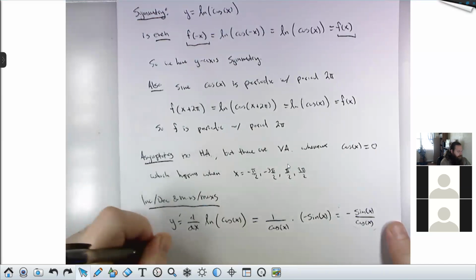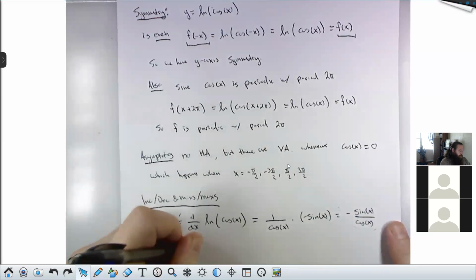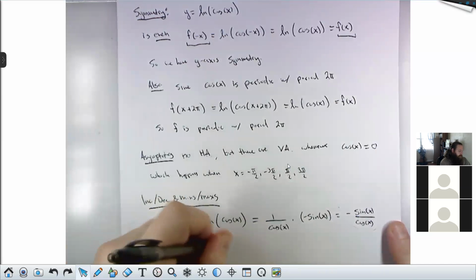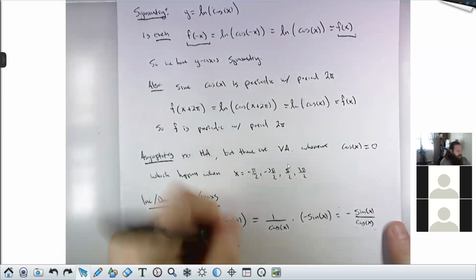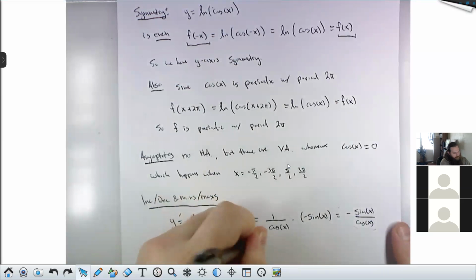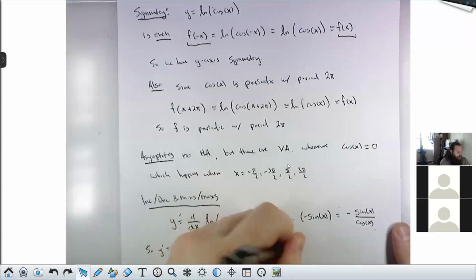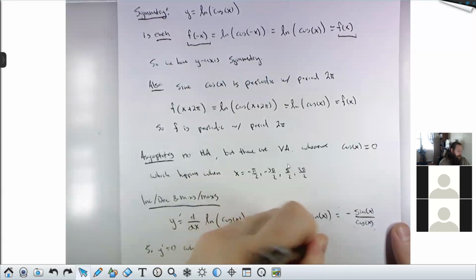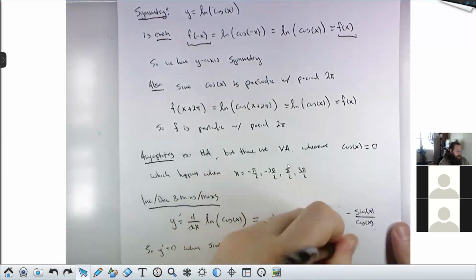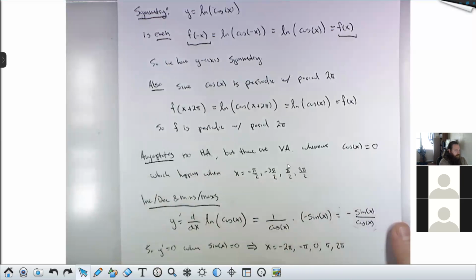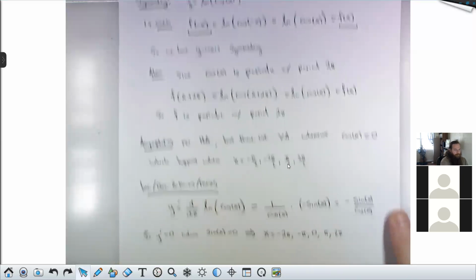So y prime equals 0 when sine x equals 0, which for us would be when x is equal to negative 2 pi, negative pi, 0, pi, or 2 pi. Sine x is equal to 0 at any multiple of pi.